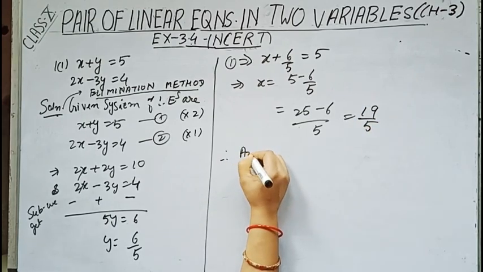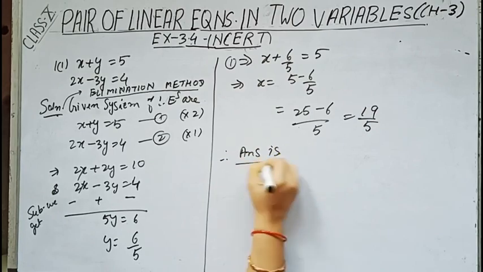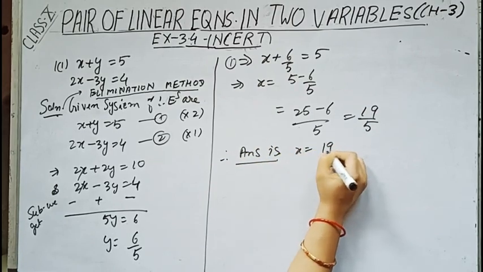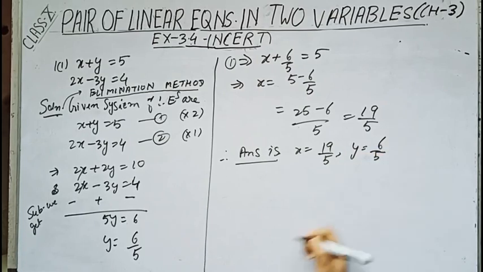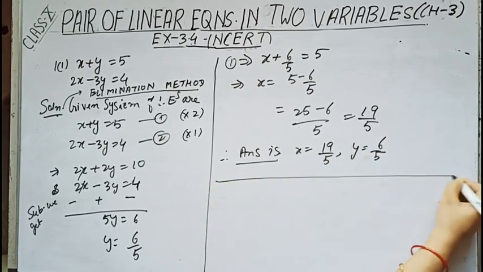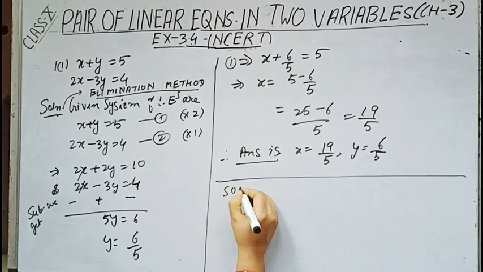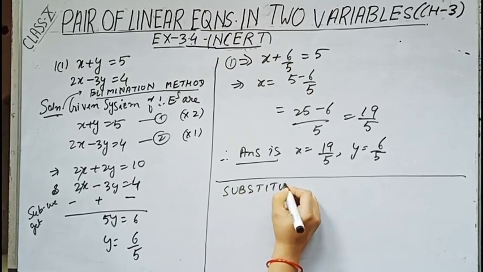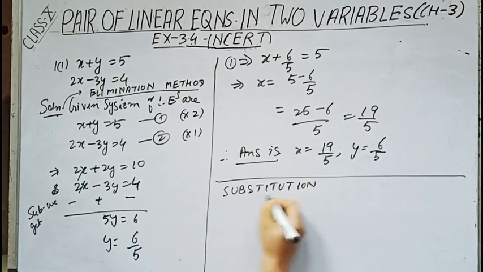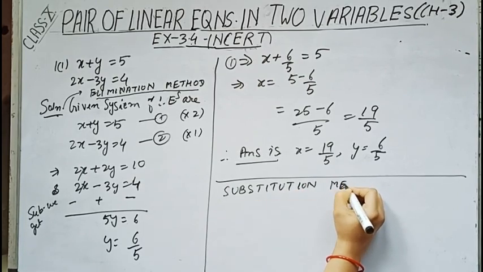Therefore, the answer is x equals 19 by 5 and y equals 6 by 5. Now by substitution method.